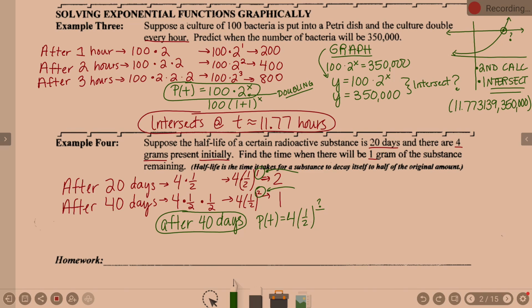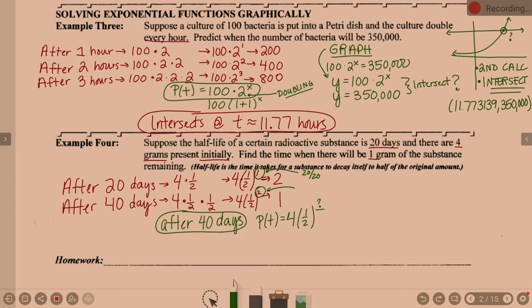We had a 1 and a 2 there, yes? This 1 was after 20 days. This 2 was after 40 days. So we kind of need a way to think that through. The idea is after 20 days, this 1 here was because it was 20 days out of a 20-day half-life.